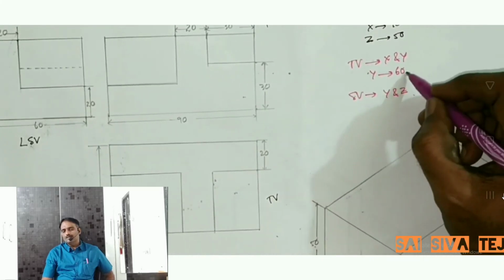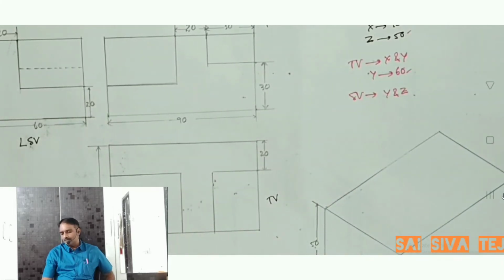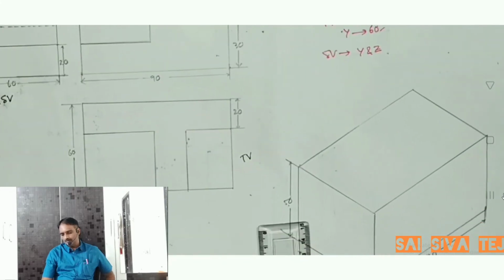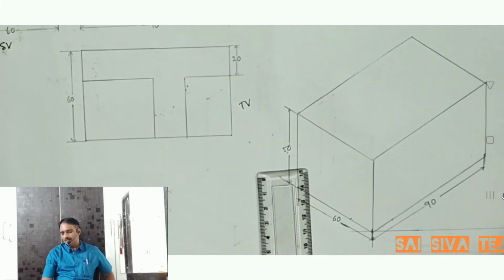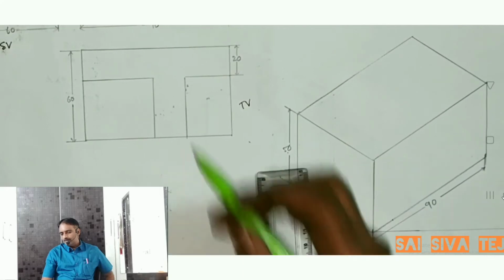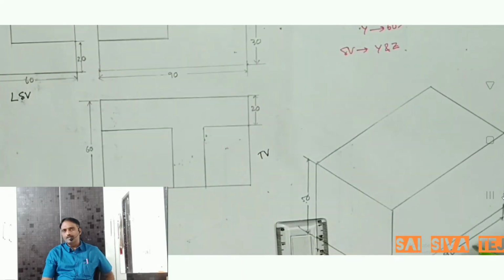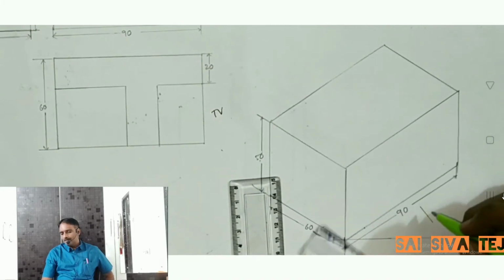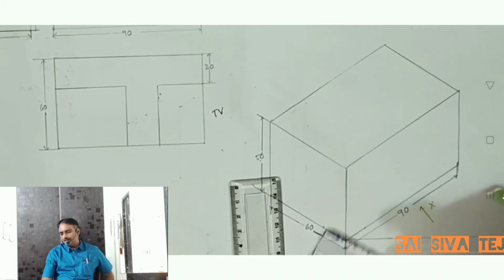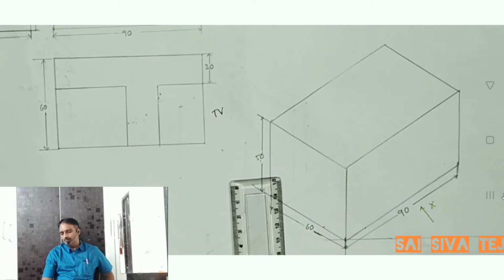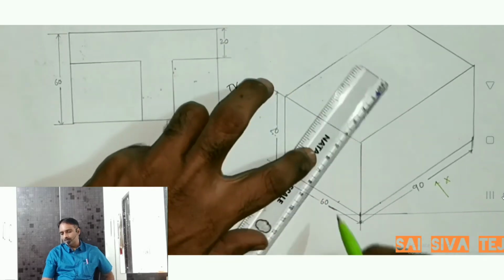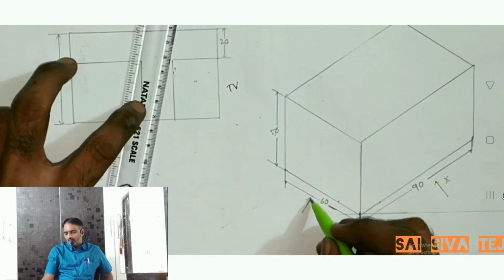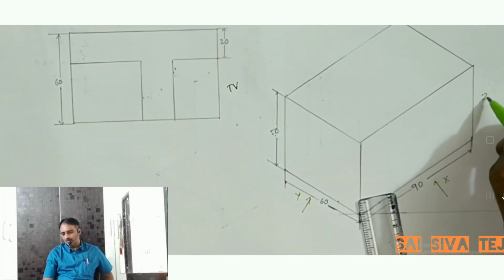So once we know these x, y and z, we have to construct the cuboid with the lengths. So here this is the front view. It is very important to represent the front view of the solid. And this will be the left hand side view, that is the z coordinate or z axis, along z axis.